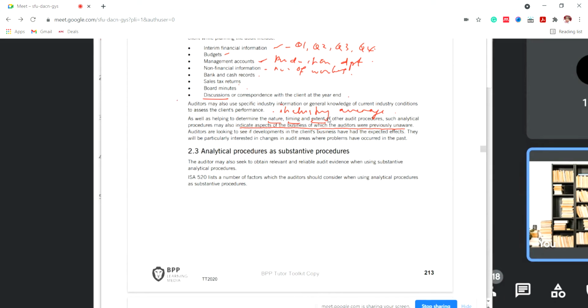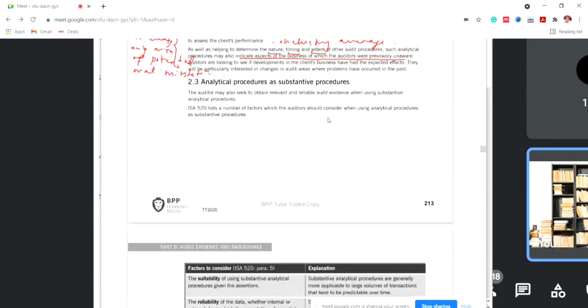So that's why in conclusion, you can say that when you perform the analytical procedure at the risk assessment procedure or during the planning stage, okay, you will be able to identify any area of potential material misstatement. Okay, so which normally where it deviate from your prediction.